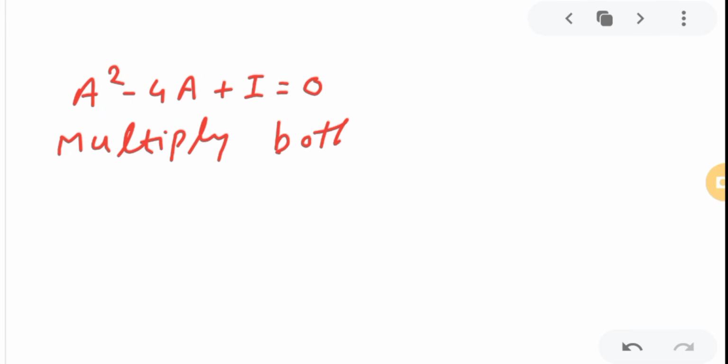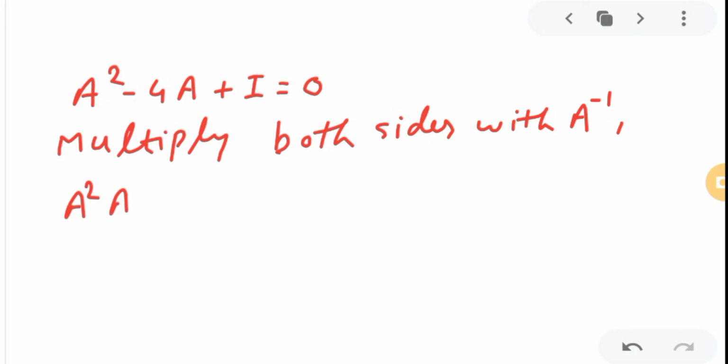If I multiply both sides with A inverse, then the left side will be A square A inverse, each term multiplied by A inverse: minus 4 A into A inverse, plus I into A inverse, and the right side is 0. The right side will be only 0 because 0 multiplied with anything will be 0 only.